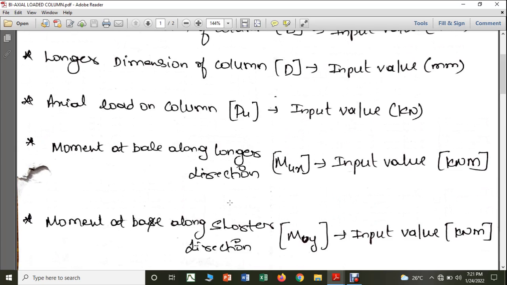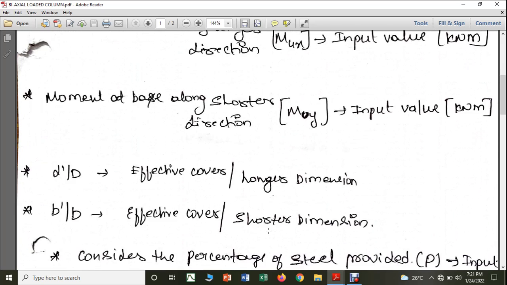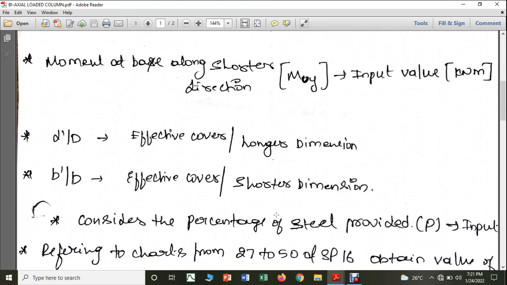This time you consider the effective cover by shorter dimension of the column, the Fe415, Fe250 or Fe500 grade of steel, circle or rectangle, and for rectangles, reinforcement on 2 sides or 4 sides.